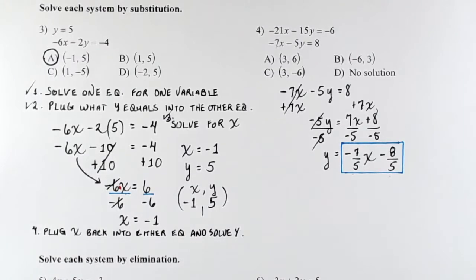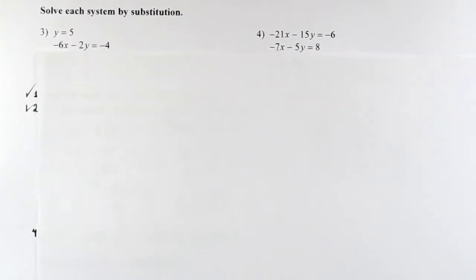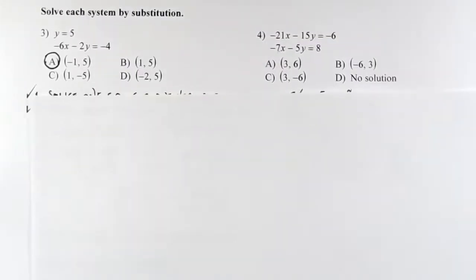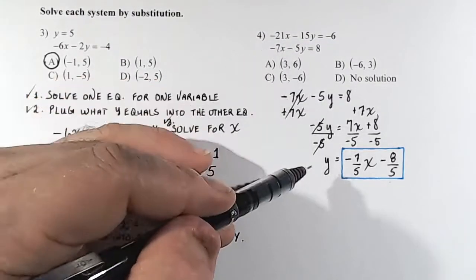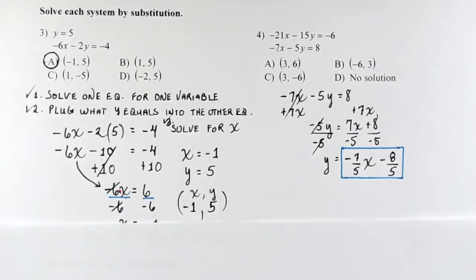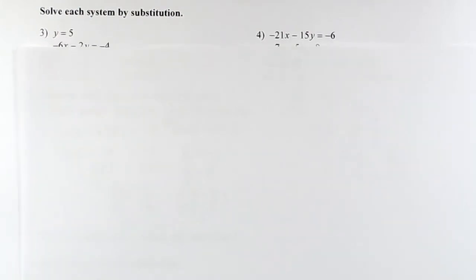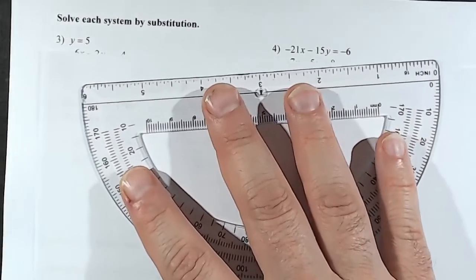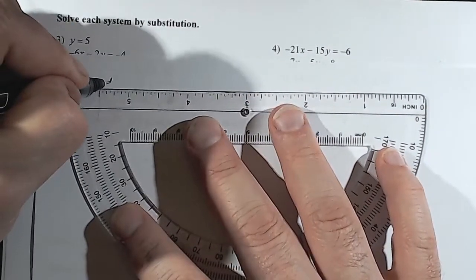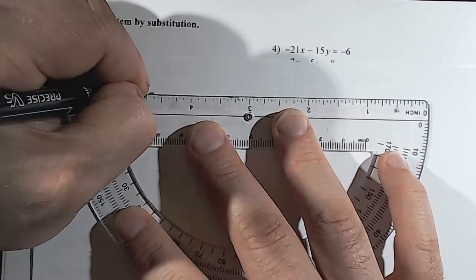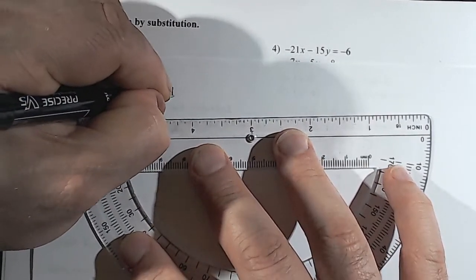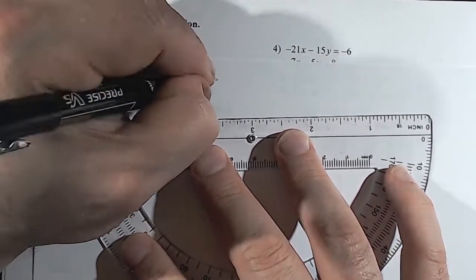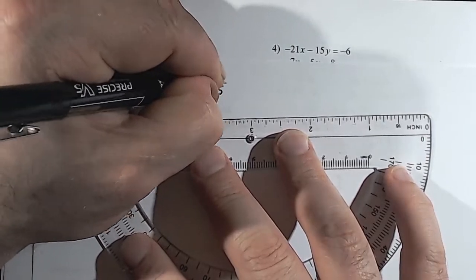I'm going to run out of scratch paper here. So I'll transfer my equation over. I did the bottom equation and I solved for y, so I'm going to plug negative 7/5 x minus 8/5 into the top equation. Okay, this is number 4. So I'll write negative 21x minus 15.